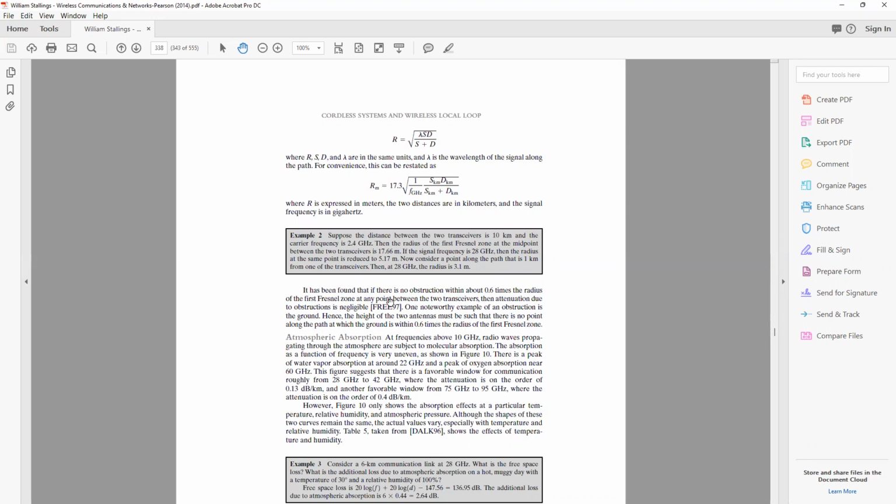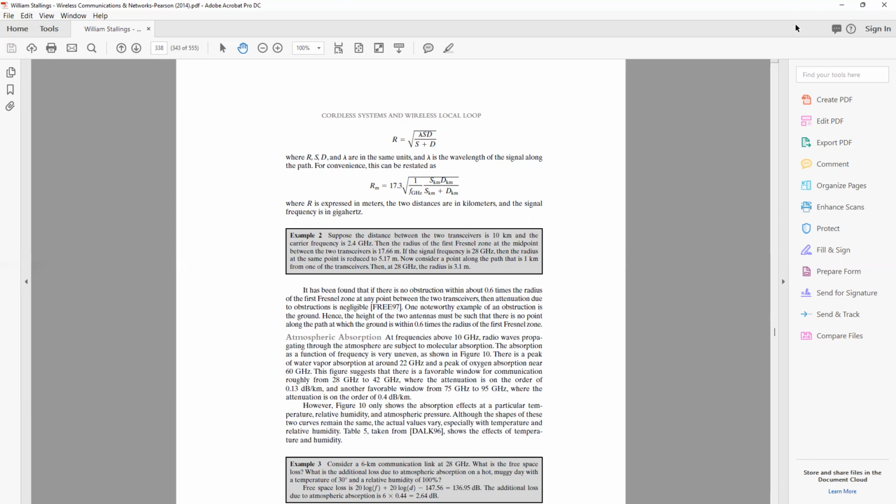So based on this particular standard, on page 397, based on this question, the height of the antennas should be such that the objects or the obstructions should not be within 0.6 times the radius of the first Fresnel zone, right?